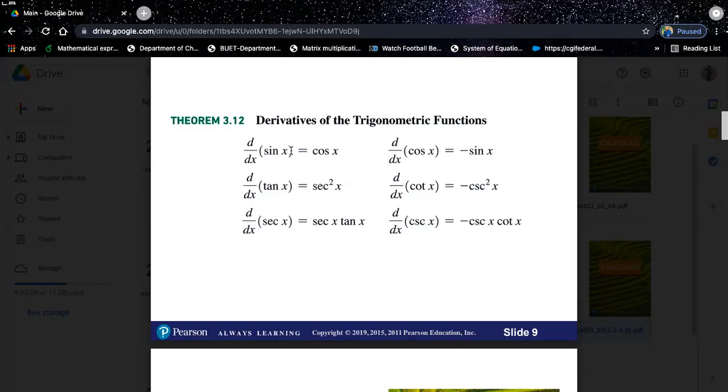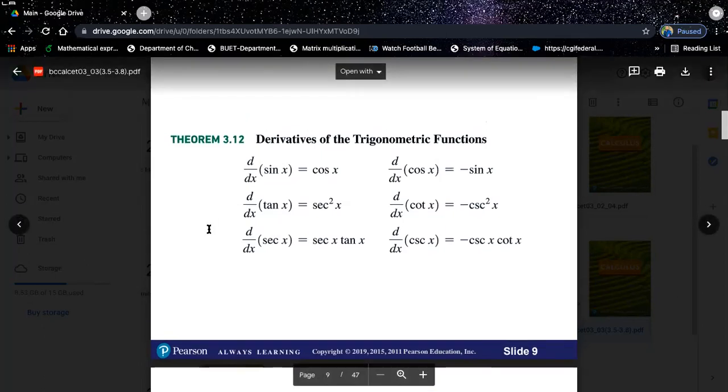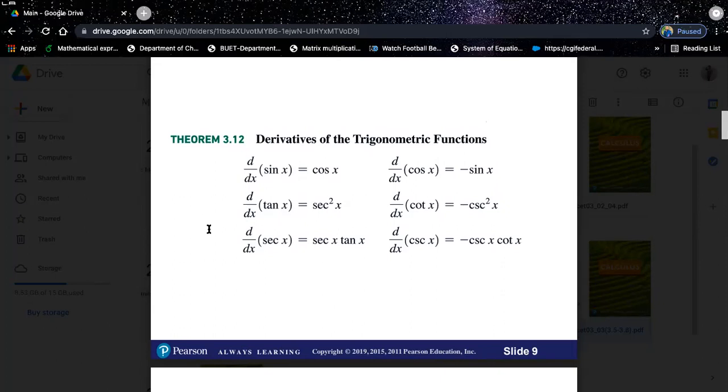Okay. So what I want you guys is to write these 6, I wouldn't say theorem, I would say formula, on a paper and have it in front of you for the homework problems. Okay. Obviously, if you memorize this, that still works.